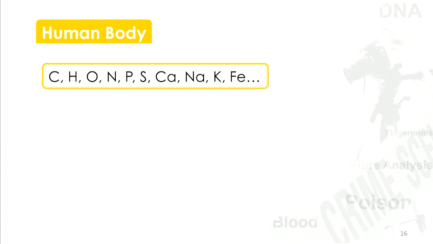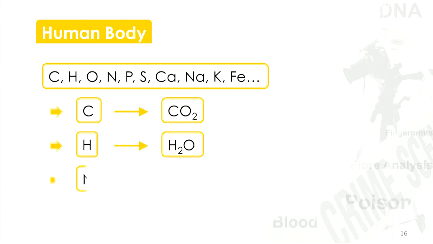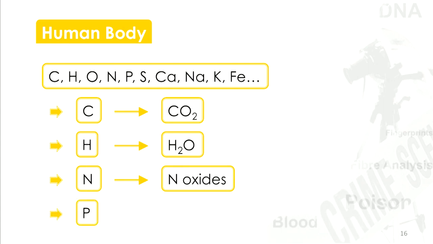It's just those elements will be converted into different forms. So the carbon in us will become carbon dioxide, the hydrogen in us will become water, nitrogen will probably end up as nitrogen oxides, phosphorus as phosphorus oxides, and so on. So the elements themselves, their atoms are not destroyed, it's just they become part of other molecules.